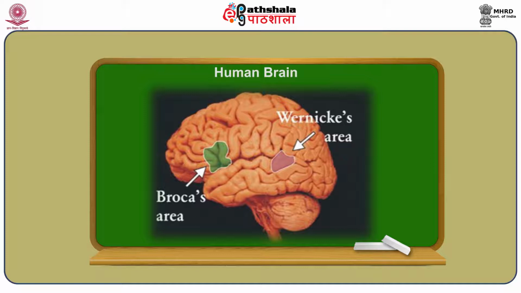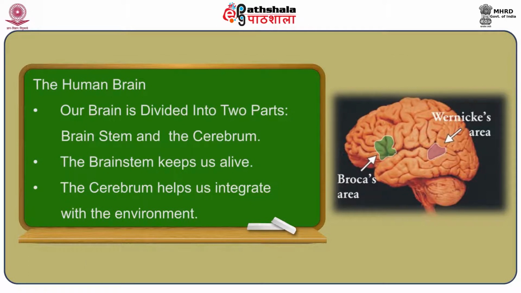And if you see the human brain, there is a picture of the human brain in front of you on the screen. Okay, you will see that picture, and in that picture you will also see two major language areas marked, called Wernicke's area and Broca's area. Okay, and we will come back to them. Now, our brain is divided into two parts. Okay, as you see on the screen, divided into two parts. It's the brain stem and the cerebrum.